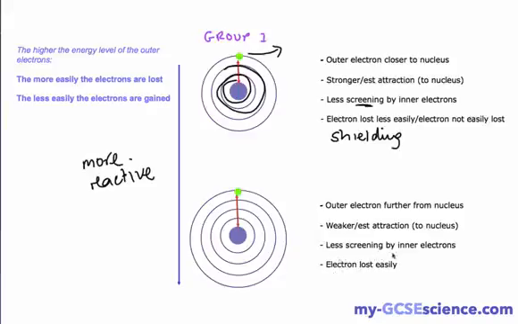We've got more screening by inner electrons, or more shielding, which means the force of attraction to the nucleus is weakened, and that means the electron is lost more easily, which means that this is going to be a much more reactive element. And this is how we would explain the reactivity in the group 1 elements as you go down the group. Remember, we are explaining, so this is how we explain it here.